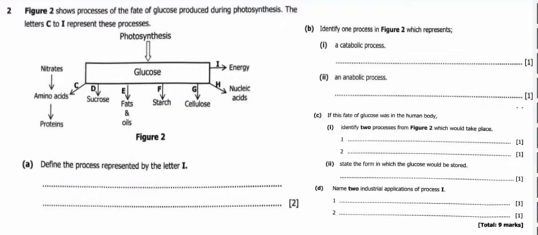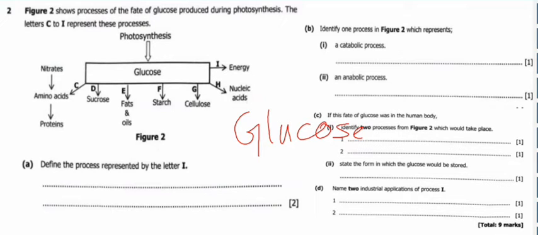Now during respiration, glucose is broken down to release energy, and carbon dioxide is produced. So an example of a catabolic process is respiration. Then an example of anabolism. Anabolism is the process by which small units are built up to form large molecules.